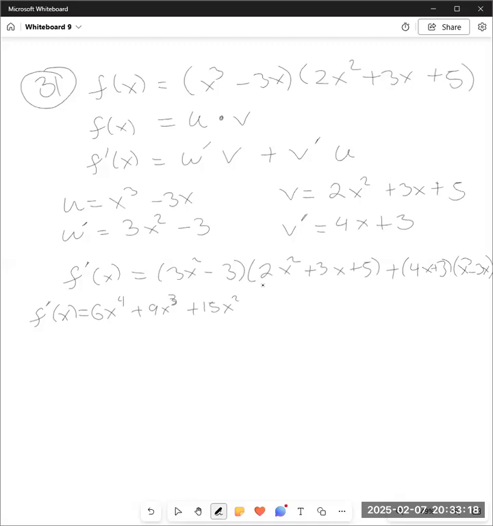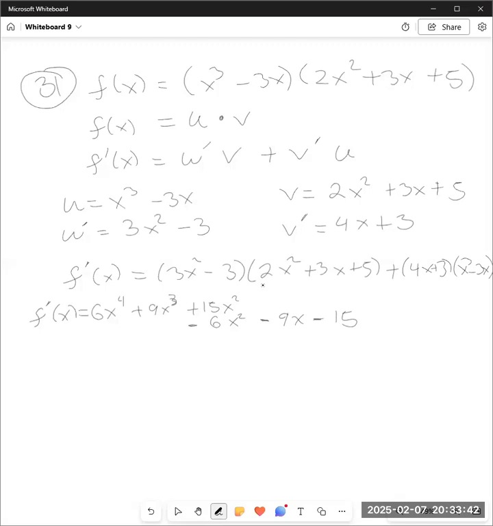Negative 3 times 2x squared is a negative 6x squared. Negative 3 times positive 3x is negative 9x. Negative 3 times positive 5 is negative 15.